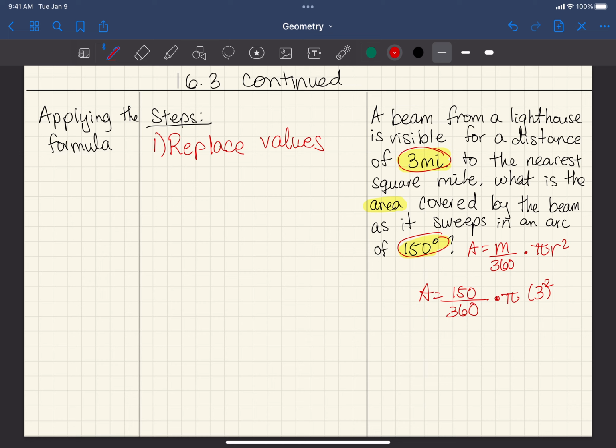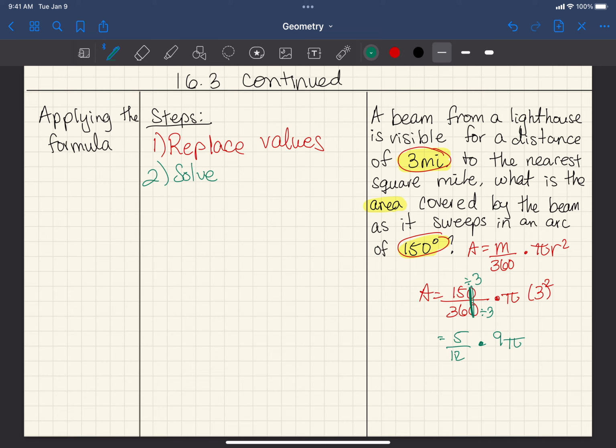So once again, 3 squared. Now I'm going to go ahead and solve. Once again, I can eliminate my zeros there. 15 and 36, well, both of these are divisible by 3. So now I can say 15 divided by 3 is going to give me 5, and 36 divided by 3 is 12. Okay, so now I'm at 5 over 12 times 9 pi.